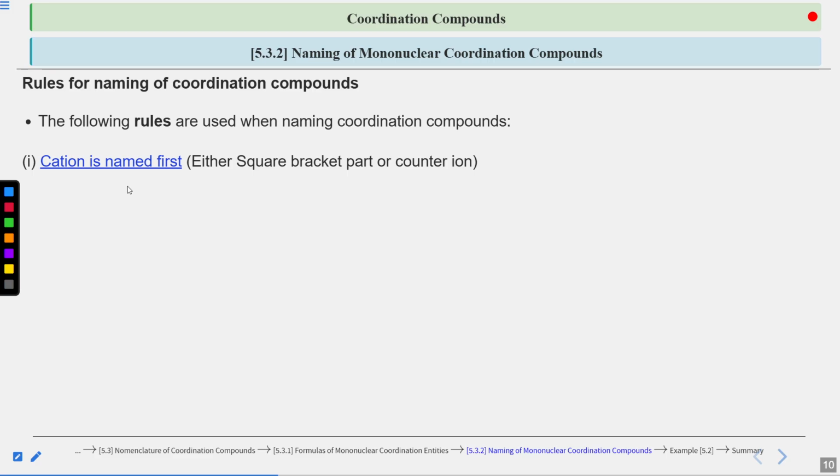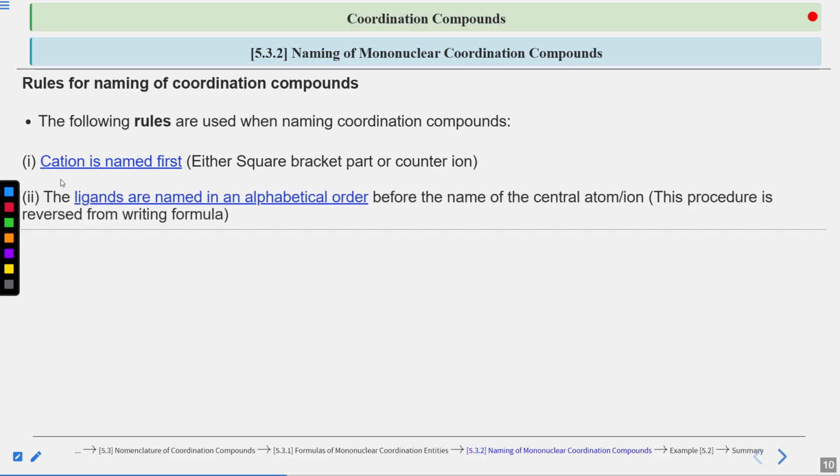Counter ion means whatever ion is present outside of the square bracket in the coordination complex. So if our cation is present as a counter ion, or if it is part of the square bracket, in both cases you have to write the name of the cation first while writing the name of the coordination compound.